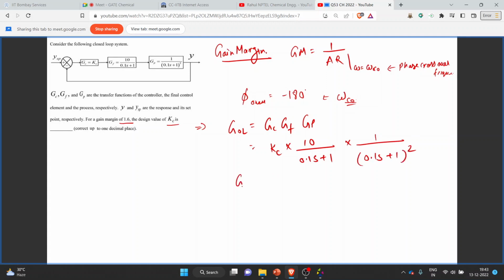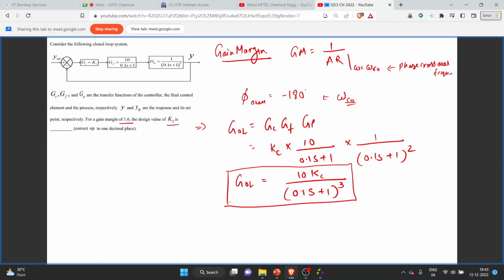We can simplify this: the open loop transfer function is 10 Kc upon (0.1 s plus 1) whole cube. Now, given this open loop transfer function, we have to find the phase lag, that is phi, and equate it to minus 180 degrees to find this crossover frequency.